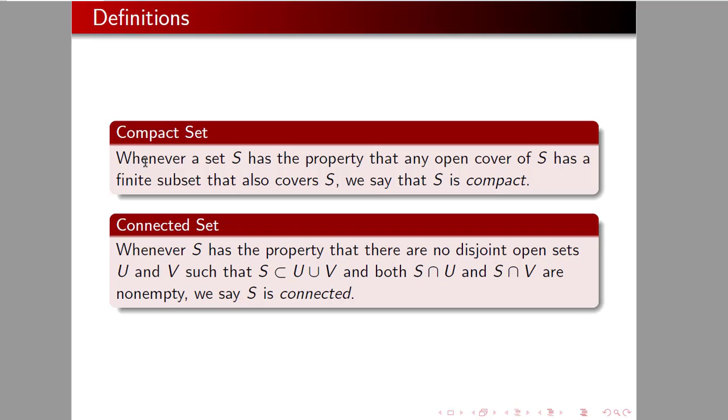The second of those two corollaries was telling us that the closed interval AB is connected. To be connected means that there are no disjoint open sets U and V such that S is contained in U union V, and both S intersect U and S intersect V are non-empty. Then we say S is connected.